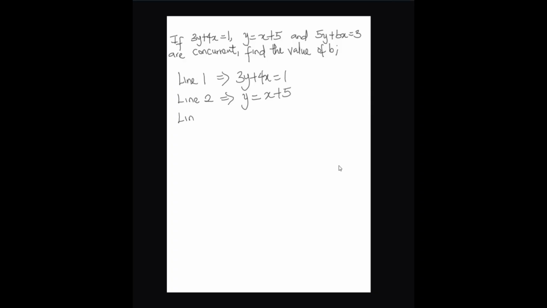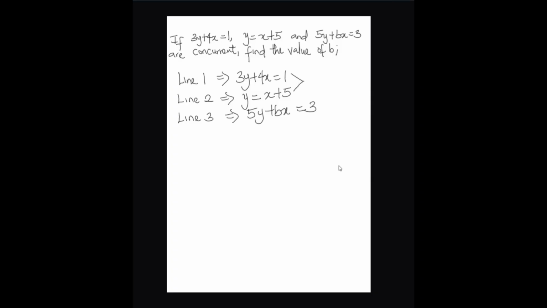Then my line 3 is simply 5y + bx = 3. Remember we said we want to find the intersection between the first two lines first, then we can move from there.